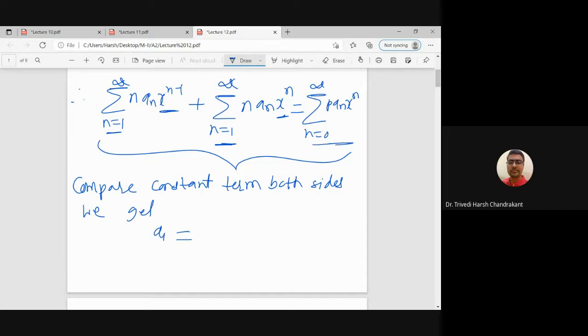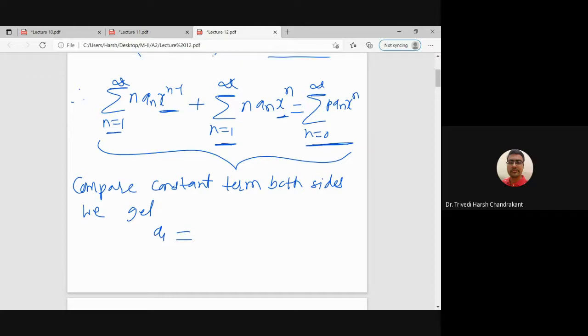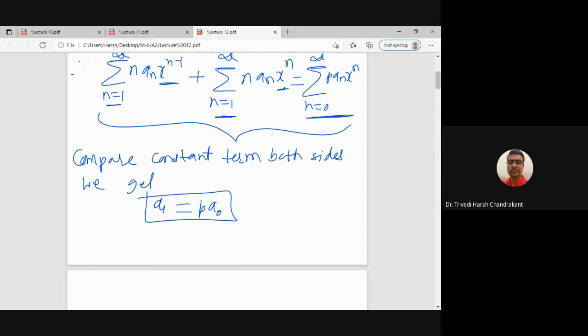Right side constant term is when n is 0, so n is 0 means we have p times a0. Right. So we got the a1 term in terms of a0. Now compare the coefficient of x on both the sides.